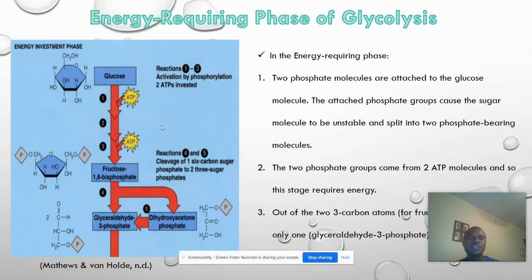This is a stage where two ATP molecules are used, because those two phosphate groups come from two ATP molecules, and so this stage requires energy. Out of the three carbon compounds, especially for fructose, only one of them, usually glyceraldehyde 3-phosphate, is the molecule that will enter into the energy releasing phase.